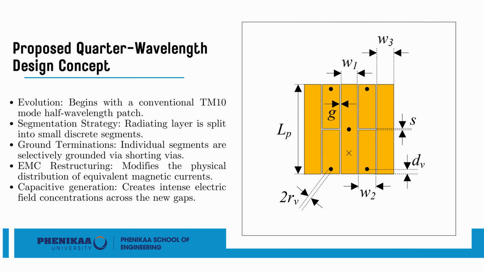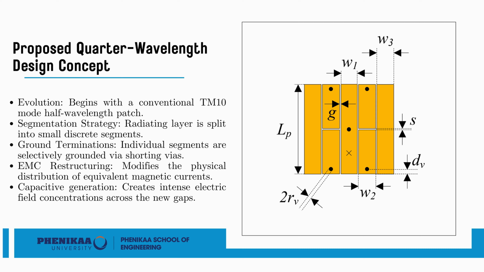Our proposed antenna resolves this cross-polarization problem through a novel geometric reconfiguration. The design originates from a standard half-wavelength patch structure. For miniaturization and pattern control, we slice the main radiating element into multiple smaller, separate rectangular segments and systematically tie specific zones to the ground plane using shorting vias.